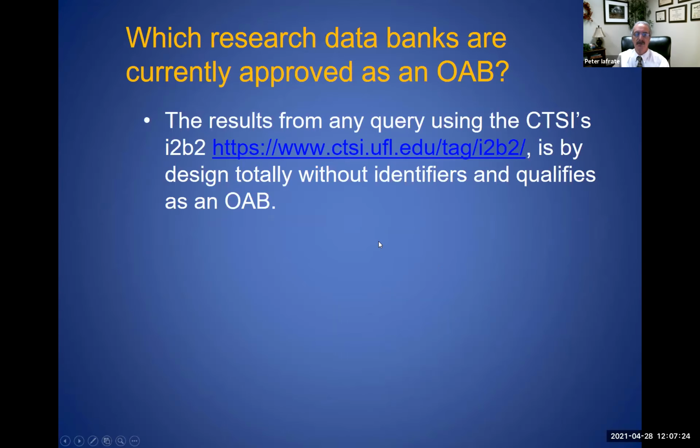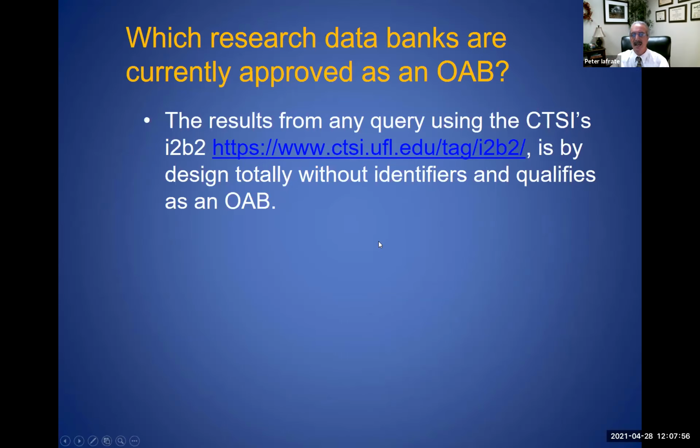It was set up to allow you to determine how many people might fit a particular research protocol you want to do. You go into I2B2 and construct a query, for example, kids who have renal transplants and are hypertensive. You hit a button, and it will tell you how many people in the health system fit that criteria.